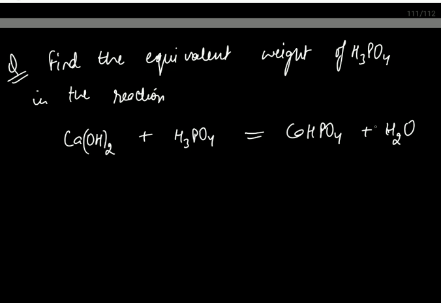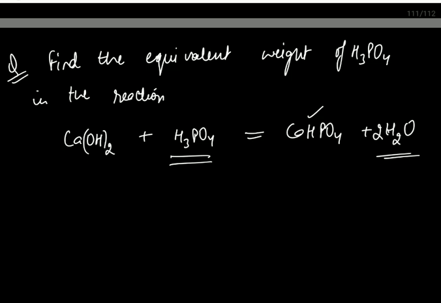If we need to balance it, hey, it's balanced. Now, according to this, we need to find the equivalent weight of phosphoric acid. If you can see, out of phosphoric acid, only two H positive ions are released, and one of the hydrogens is still there with the salt, calcium biphosphate. So calcium biphosphate is an acid salt.